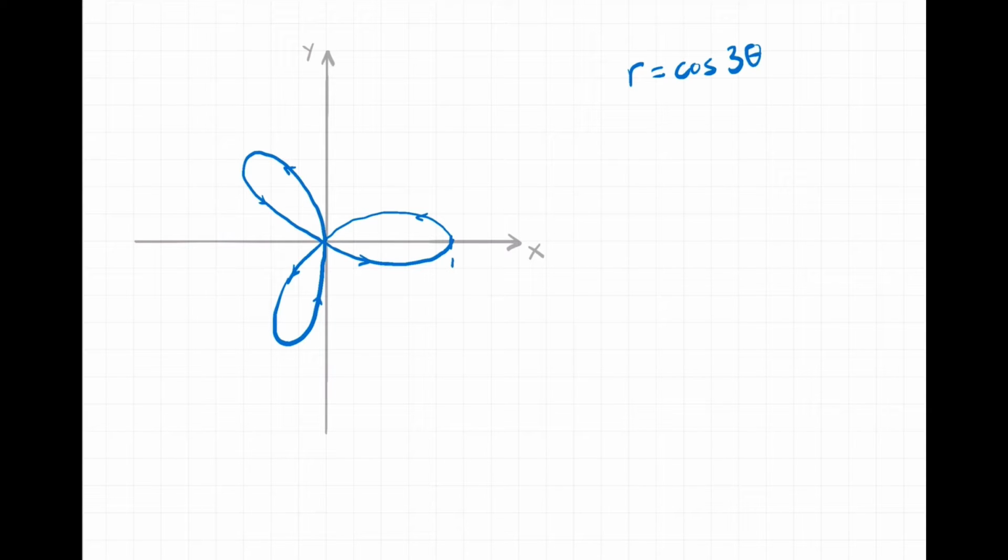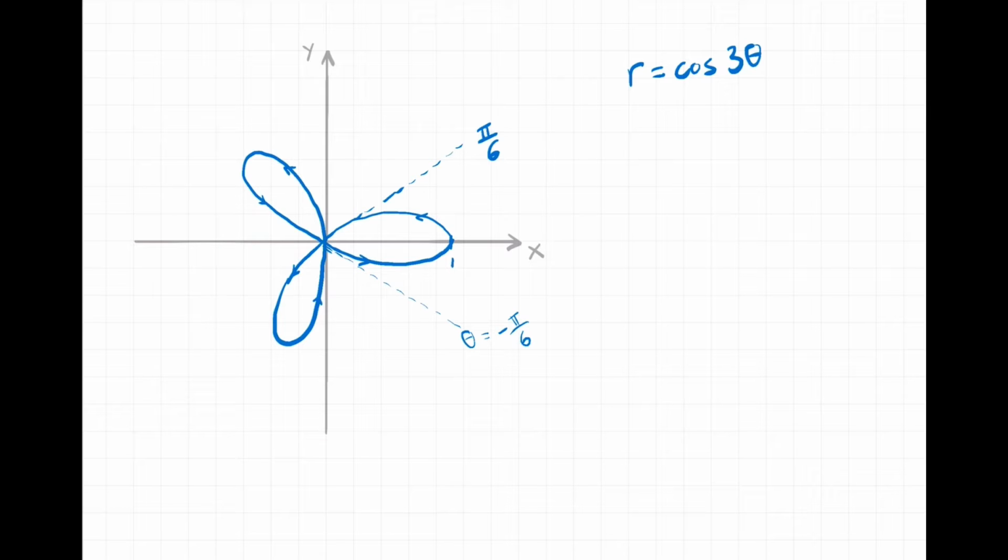Well, it turns out that you can trace out one lobe, one leaf or petal of this shape here, by letting theta go from over here, negative pi over 6, up to pi over 6. That'll give you one petal of this curve.